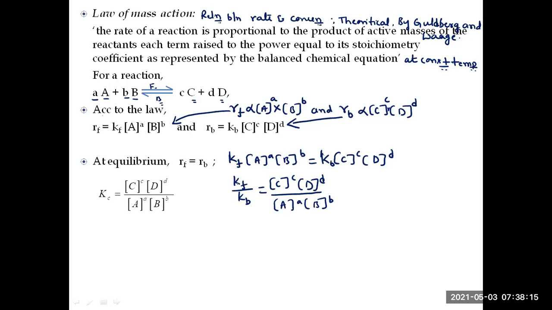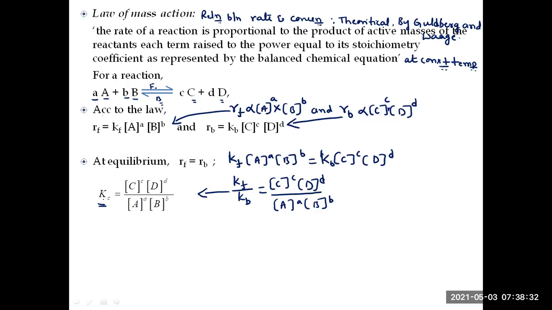Now this Kf by Kb, the rate constant of forward by backward, is a ratio of two constants. The ratio of two constants is another constant, Kc, equal to [C]^c [D]^d divided by [A]^a [B]^b.